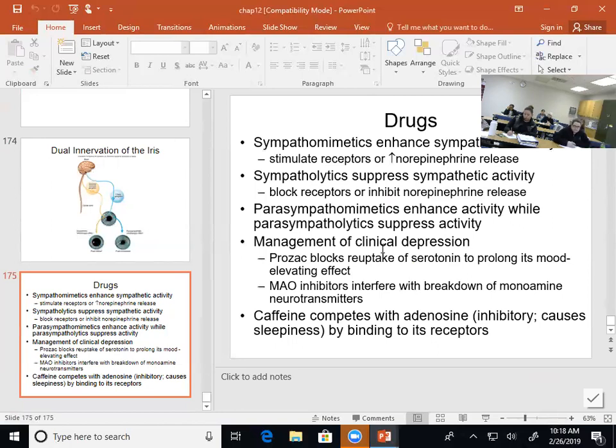Right. And if you've got something that is a lytic drug, it means it's going to split it. So when you think about the parasympathetic, well, you can read it, lytic drugs, if it says that when you're looking at the drug, you know that it's actually going to be doing the opposite of what that would do, right? So that's just terminology. How about caffeine? Wouldn't we say that we know what caffeine does?